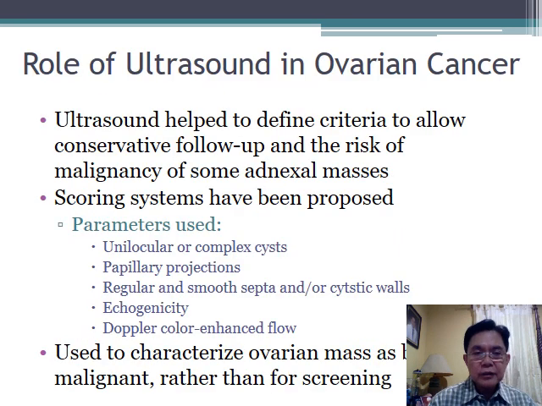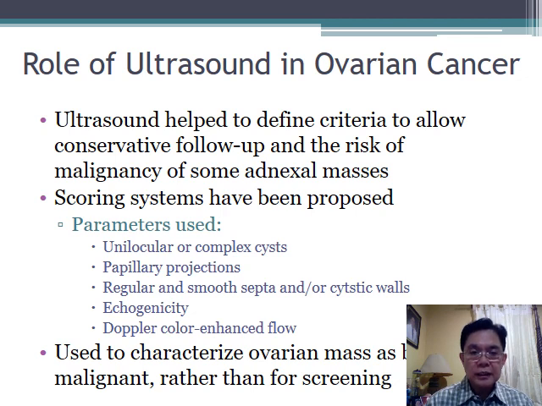So ultrasound, as I mentioned, has been very helpful in defining the criteria for the diagnosis of ovarian tumor. The risk of malignancy is also determined by your ultrasound. Several scoring systems have been proposed in order to predict the possibility of a malignancy.